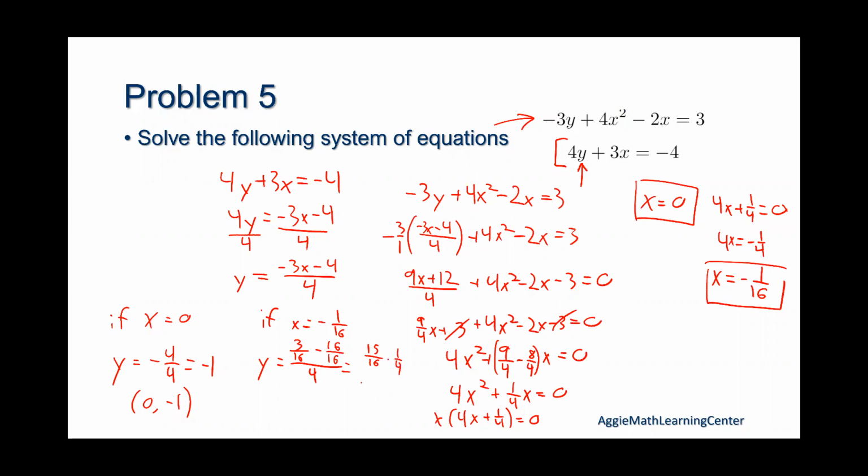So that means we're going to end up with y equals 15 over 64, which gives us the point negative 1 over 16 with the y coordinate 15 64ths. So those are two solutions.